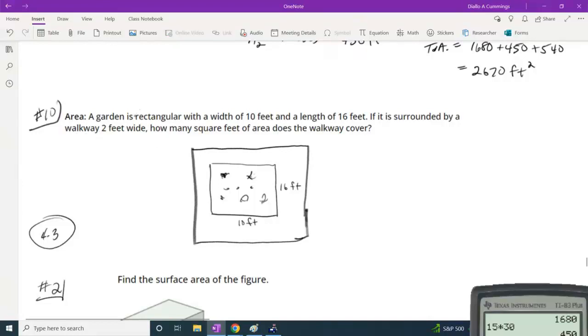Let me put my dimensions. This is going to be 2 feet, right? That would be the width of this walkway, 2 feet. This would also be 2 feet.